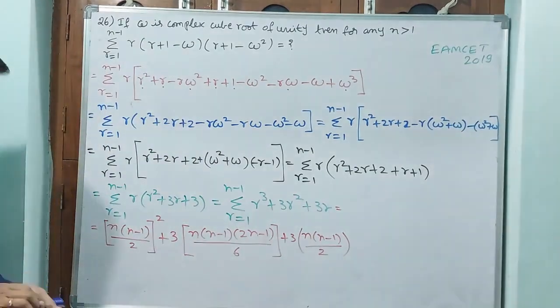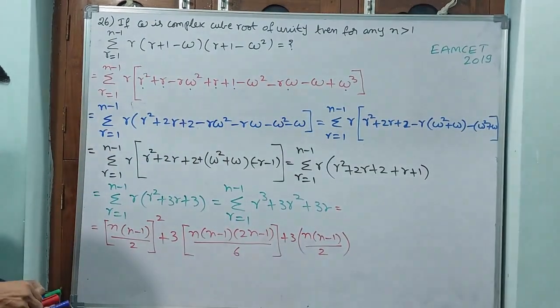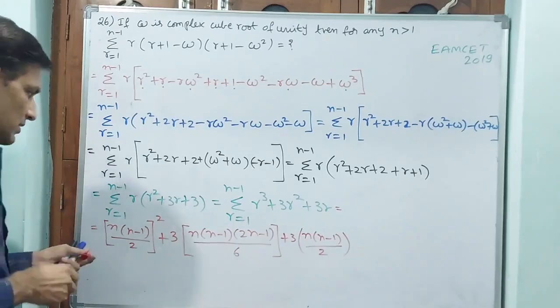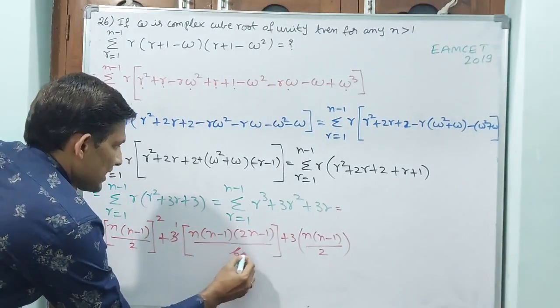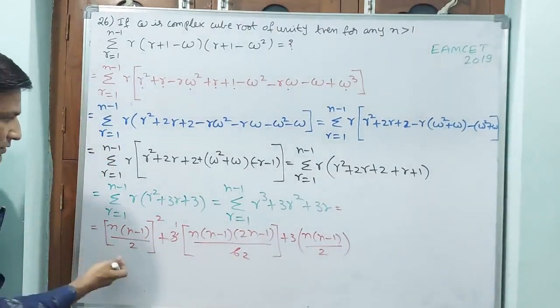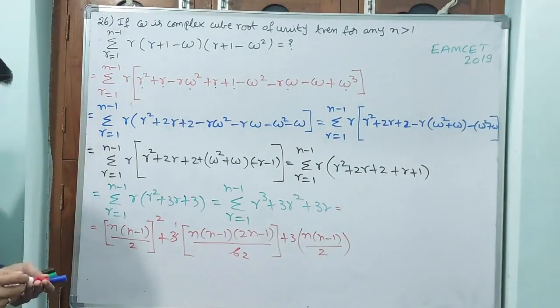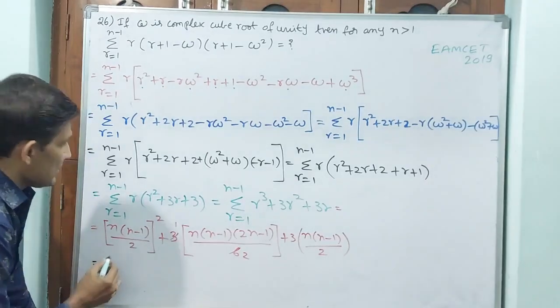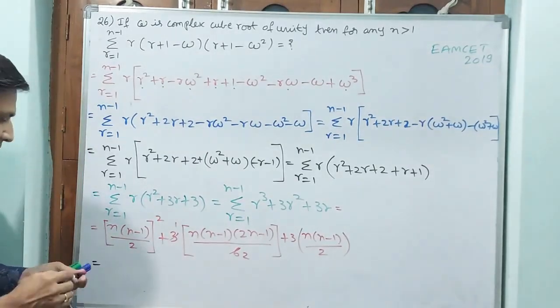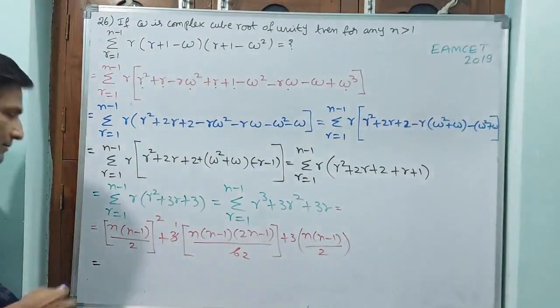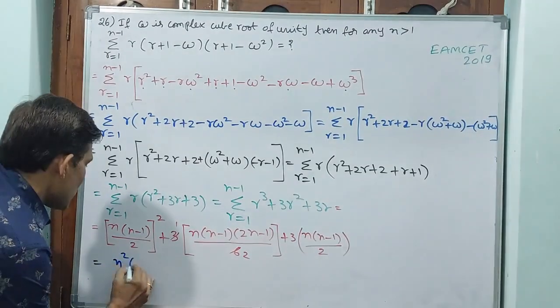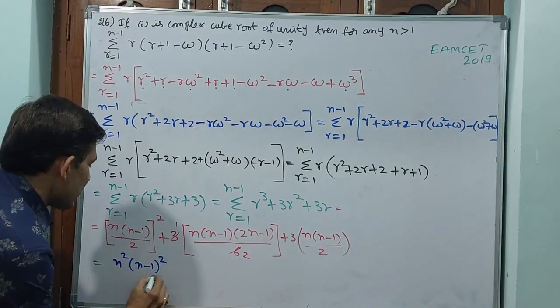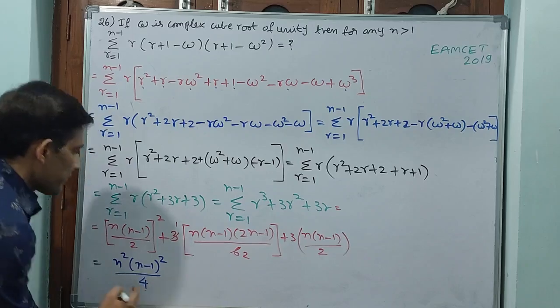Now you see, if I cancel this, the denominator is 2. And also n into n minus 1 is common. Let me write once again, because this we still have to do. See what I am writing: n square into n minus 1 square by 2 square, means 4.